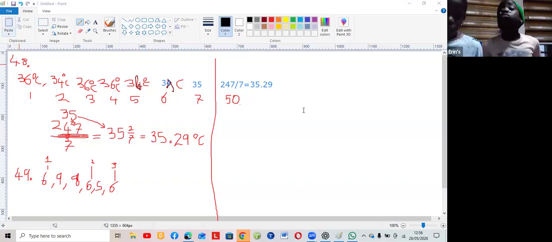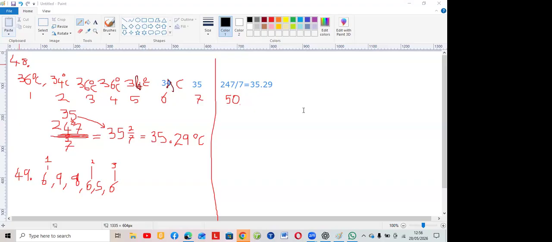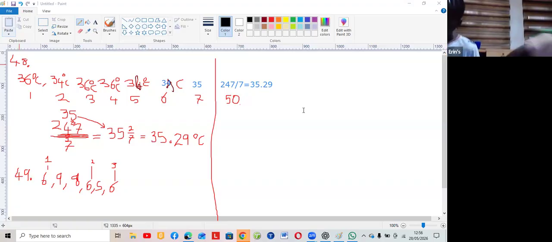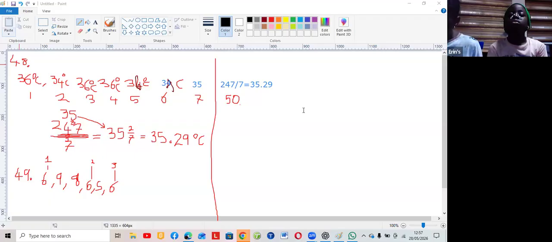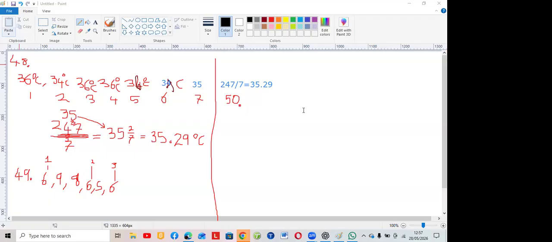Faith. That's the median in number 50. Oh, really? Let's wait for number 50 then. Let's not jump the gun. So number 50 is asking us for the median. Is it using the numbers in number 49? No, it has its own numbers.